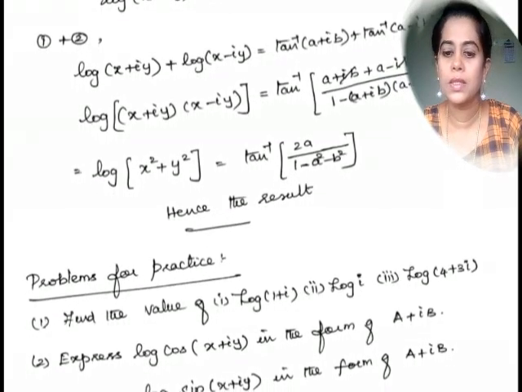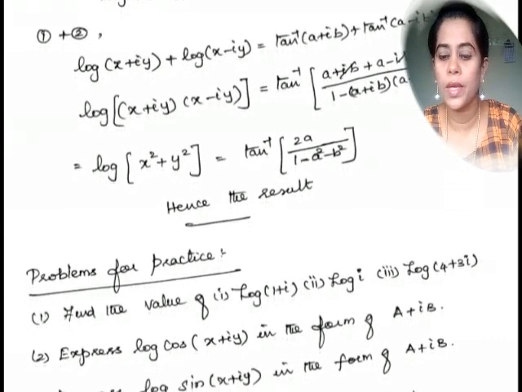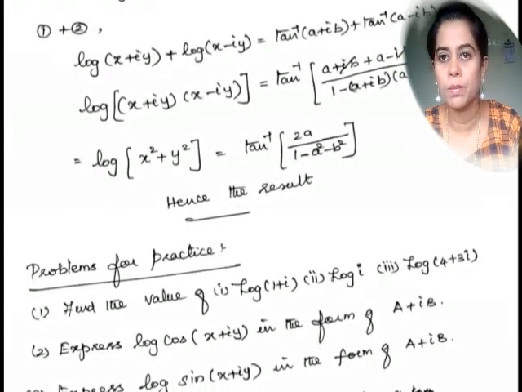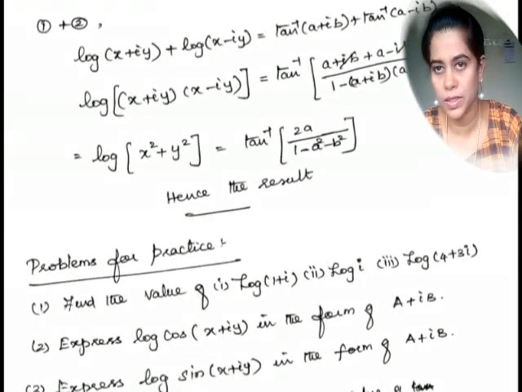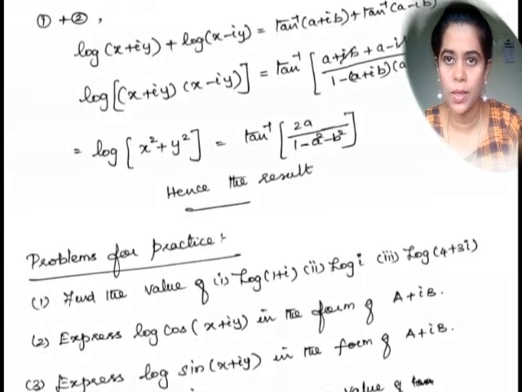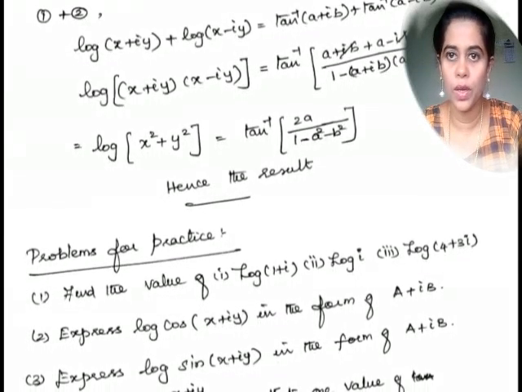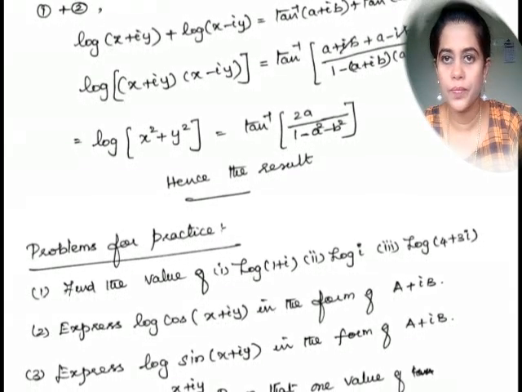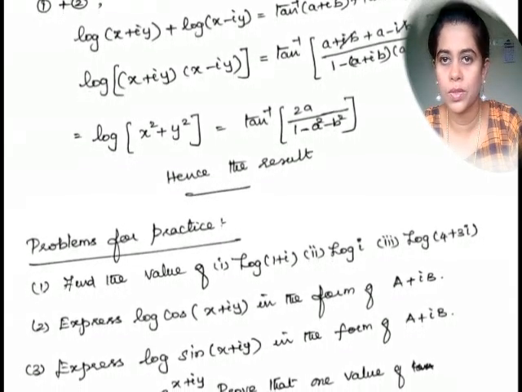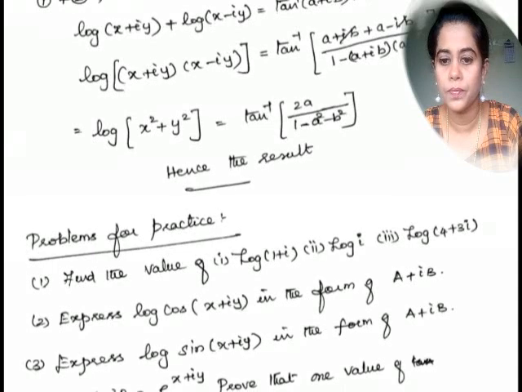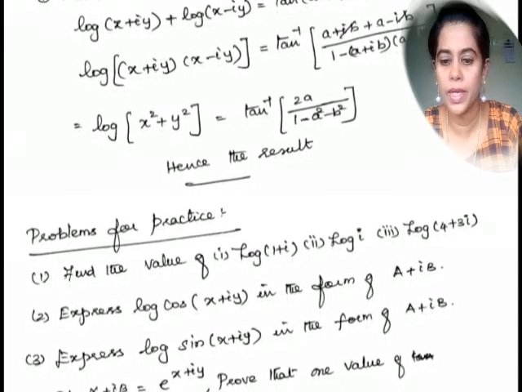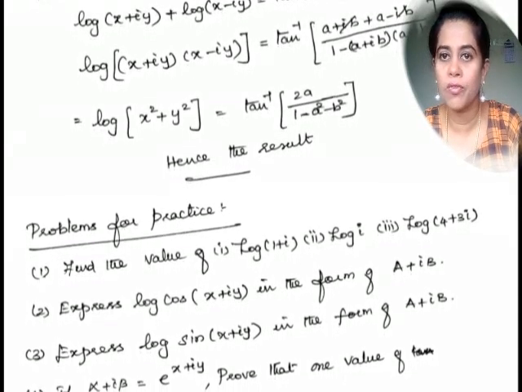Here x plus iy into x minus iy is of the form (a plus b) into (a minus b), which is a square minus b square. Therefore x squared plus iy the whole square is x squared plus i squared y squared, and i squared is minus 1, so I get x squared minus of minus y squared.